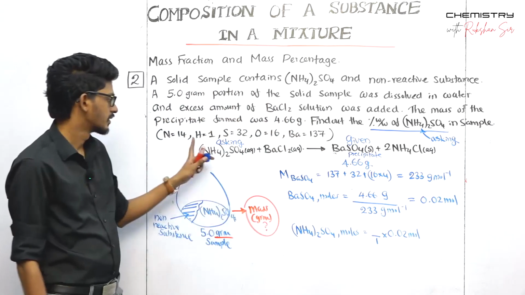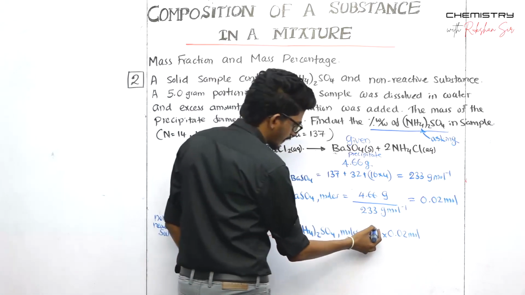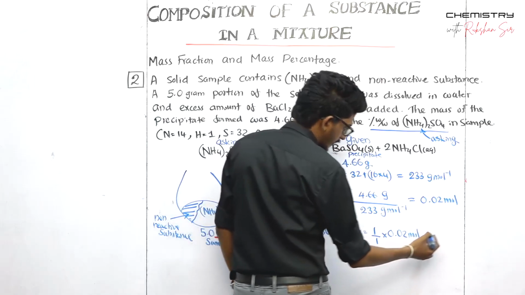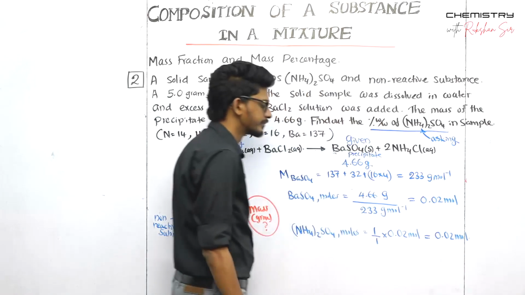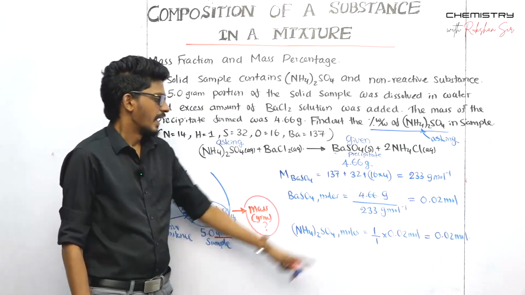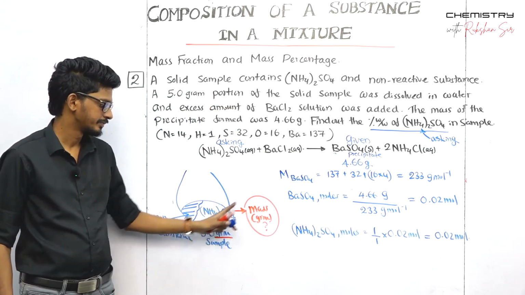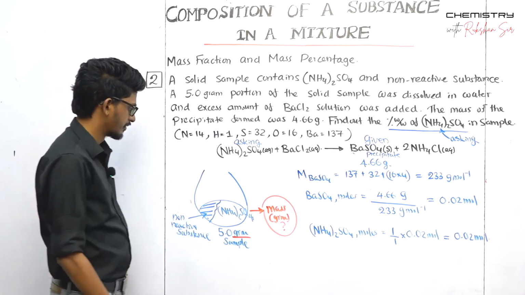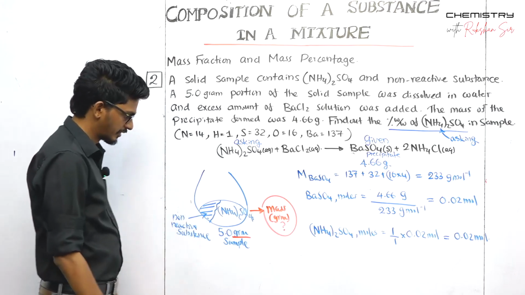We need such one portion as well. 1:1 ratio, so the same value. So moles of ammonium sulfate is also 0.02 moles. As we know the moles, we can compute the mass. That is what is required to ultimately come up with the weight percentage.